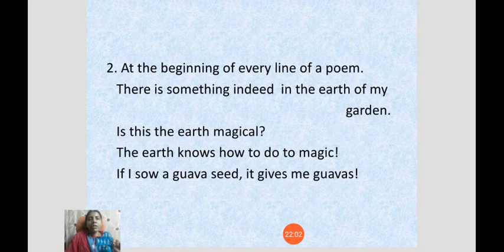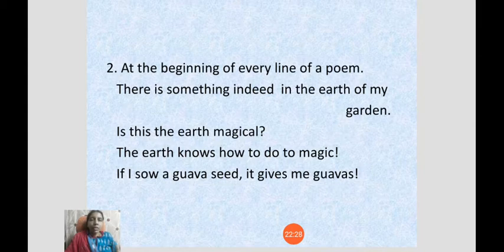Now let us look at the example. There is something indeed in the earth of my garden. The first word is there, and the first letter is T. So T is written capital.